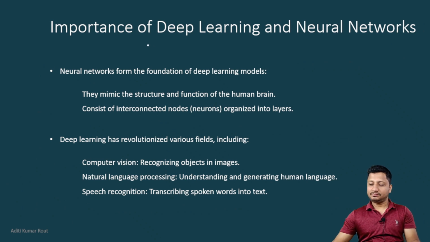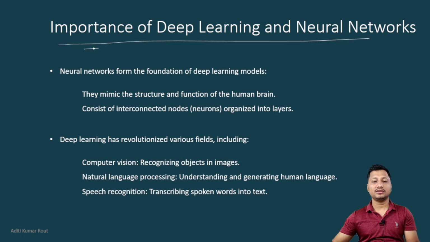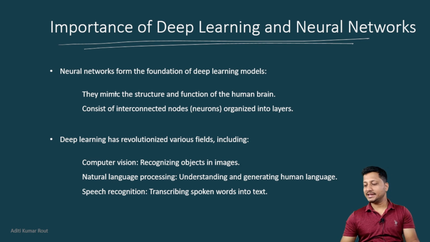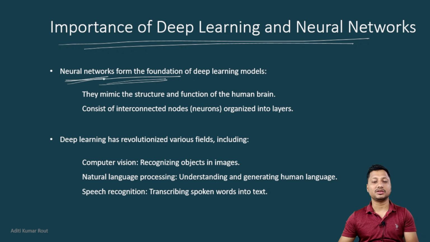Before proceeding to the foundation, I need to give some idea of the importance of deep learning and neural networks today. The neural network forms the foundation of the deep learning model, where we build a network of neurons. There are two concepts here: the network and the neurons.